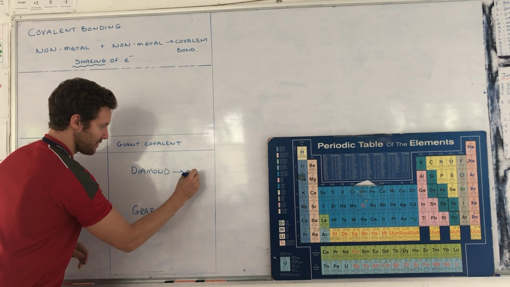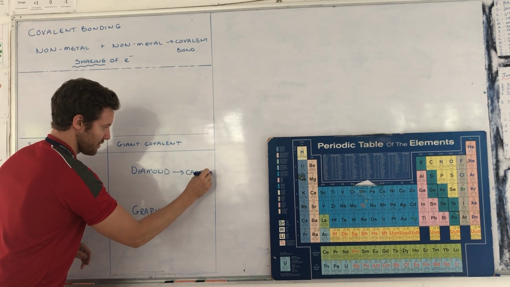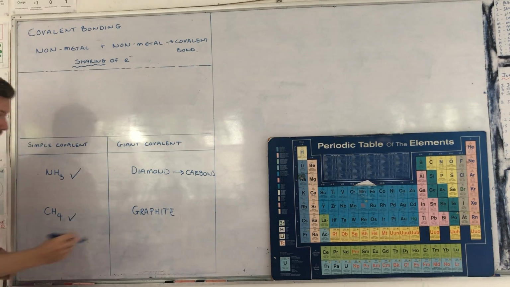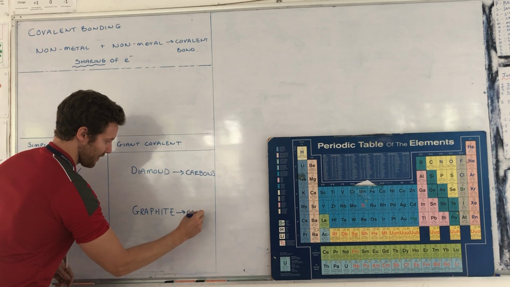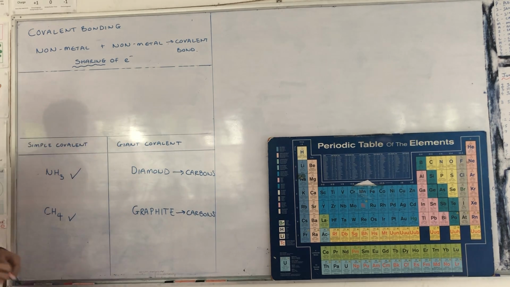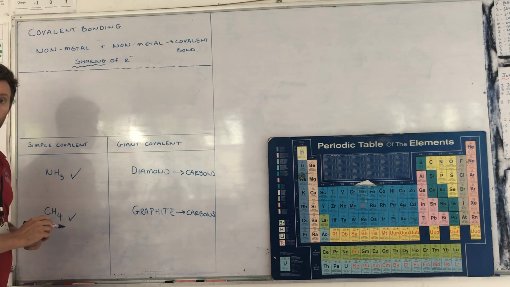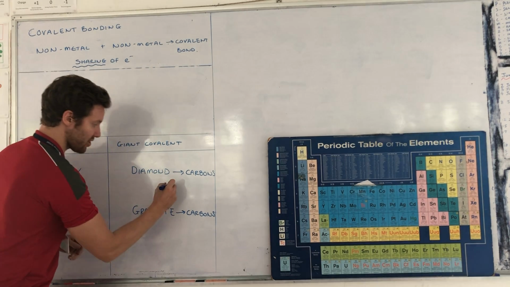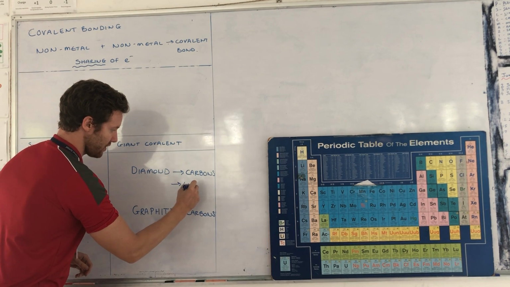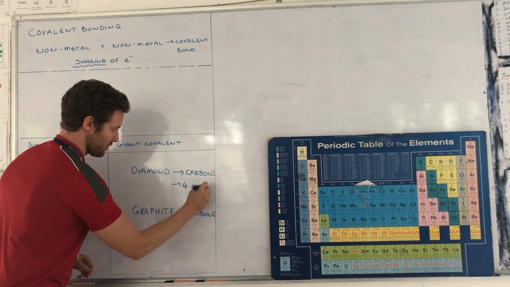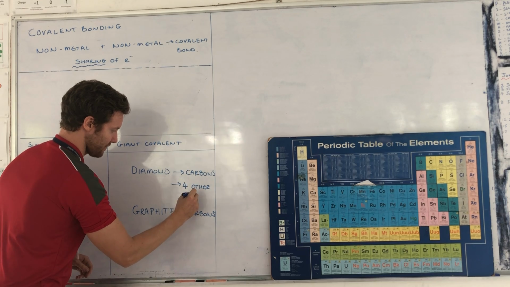Well, diamond is covalently bonded using carbons, and graphite, similar, covalently bonded using carbons. However, one vital piece of information within our diamond structure, one carbon is covalently bonded to 4 other carbons.